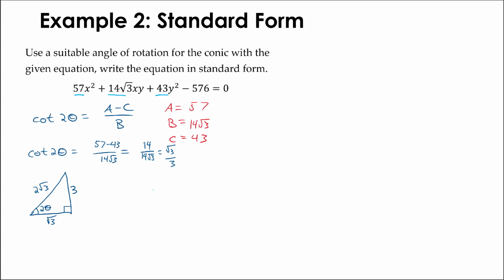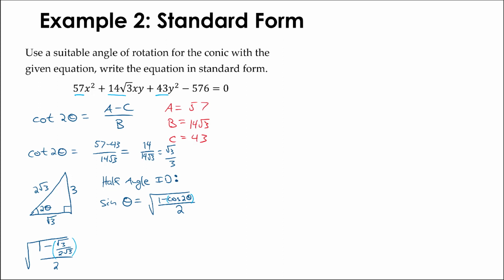We're going to have to use our half angle identity now, and we're doing that because we need this in terms of theta. This is in terms of 2 theta right now, but we know that we have this half angle identity, and we can use that. So what this says is now I can see what cosine of this 2 theta is. Cosine is going to be adjacent over hypotenuse, so where I see cosine 2 theta here, I'm just going to plug that in right here.